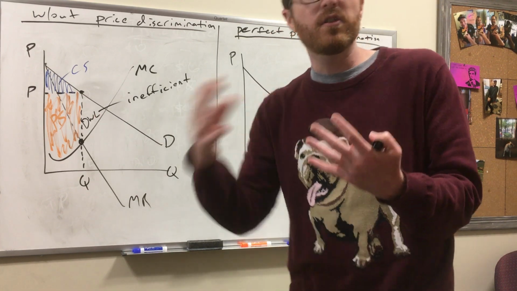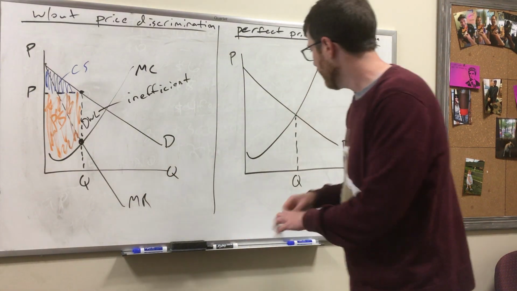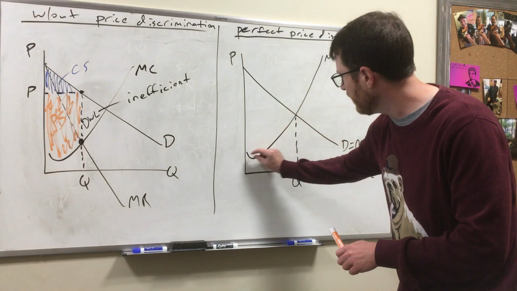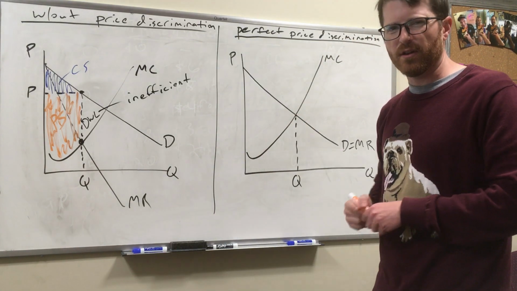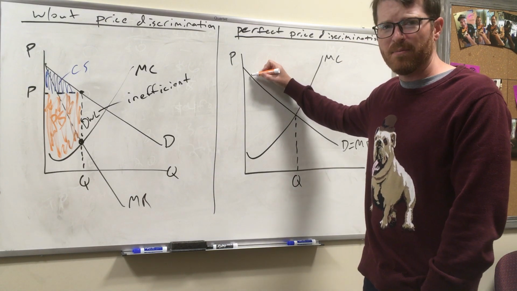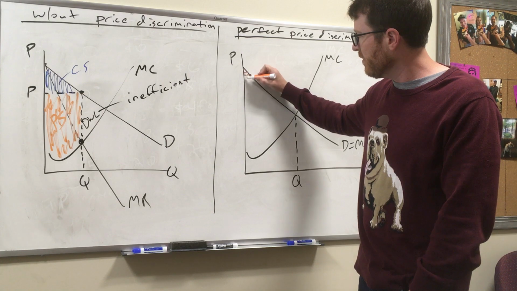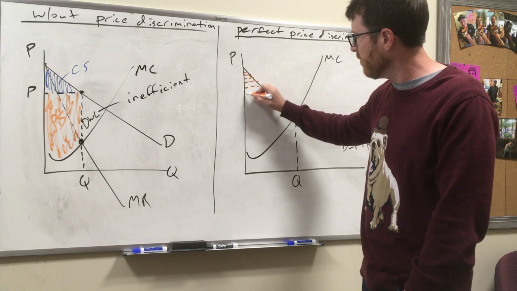Instead, all of what's good from the market goes to the producer. You can imagine here that this is the willingness to sell shown by the marginal cost curve. The consumers come into the store and they're willing to spend a certain amount of money, and the consumer is going to be charged the full amount. There's going to be lots of different prices charged to these consumers here.